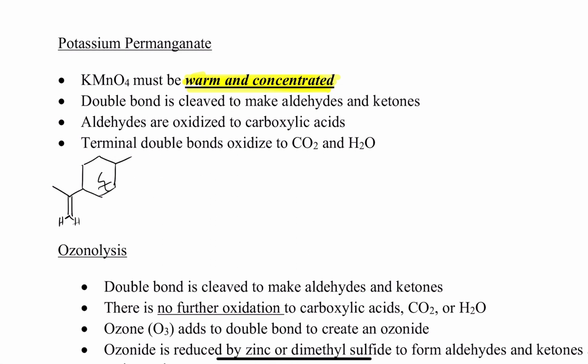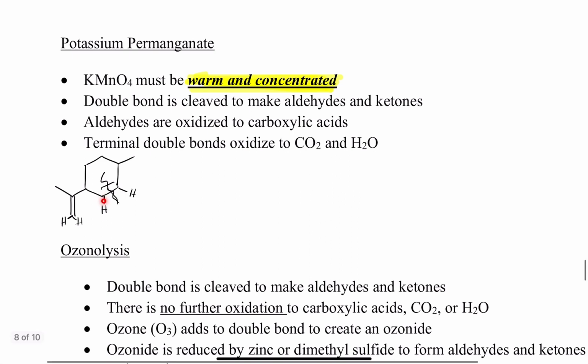So if we're to cleave the inside of our cyclic structure, I like to throw down my hydrogens because I know that once I cleave this, I would be generating 2 aldehydes because of the direct bond of our hydrogens to our double bond, which means that it would further oxidize to a carboxylic acid. So that's going to be what happens whenever we cleave our first double bond.